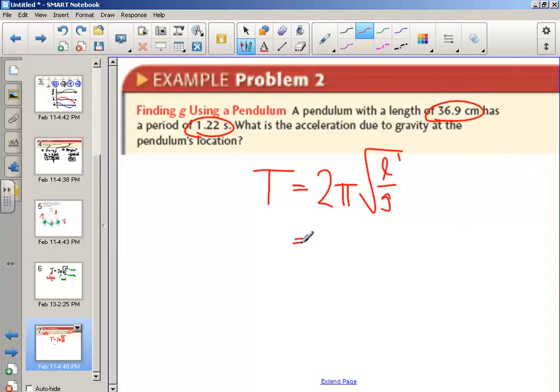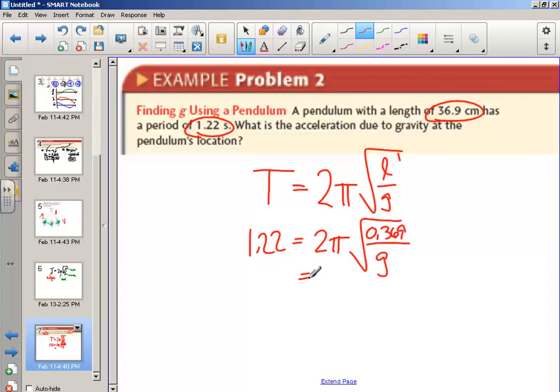So, the square root of L over G. Our length is 0.369 meters. Gravity is what we're looking for, and the period is 1.22 seconds. So using a little bit of algebra, so I take 1.22 divided by 2 pi, and then I square it.